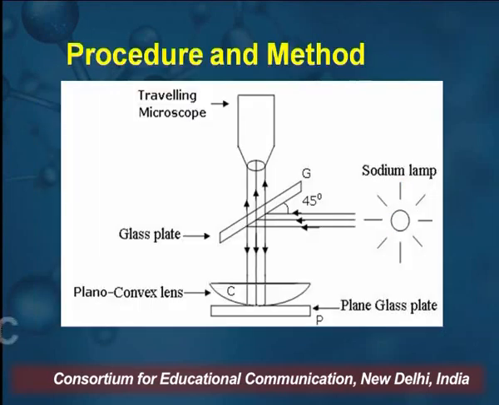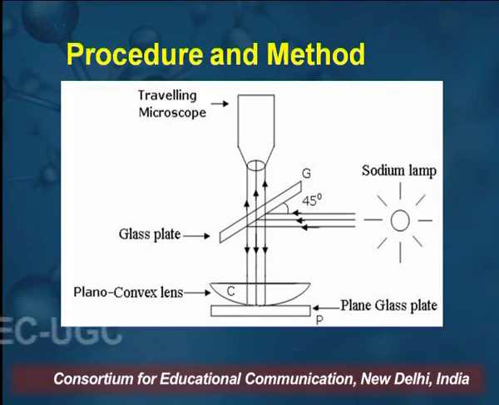Now, what is the procedure and method? We see in this diagram, this is a very simple arrangement, and we are getting a good Newton's ring. Now see in the diagram, there are the various parts which we discussed and their use. First we discuss from the sodium lamp.